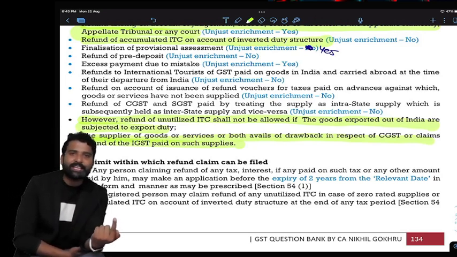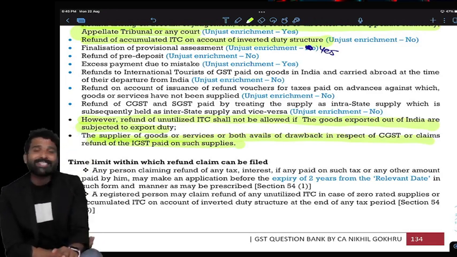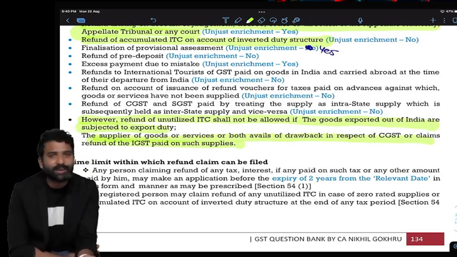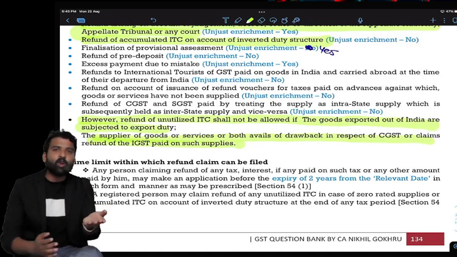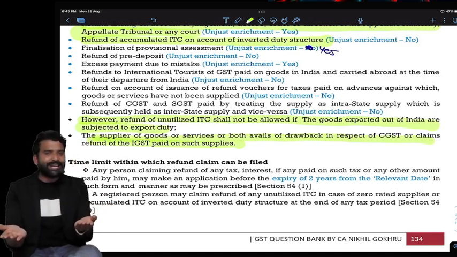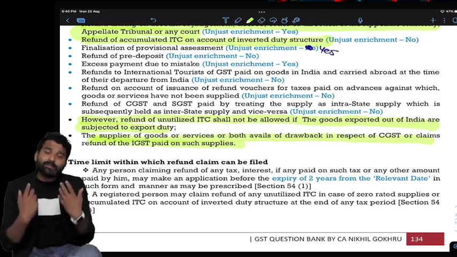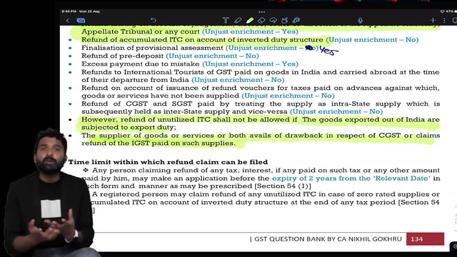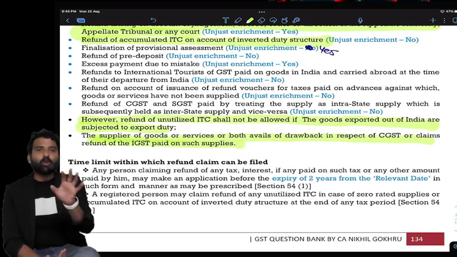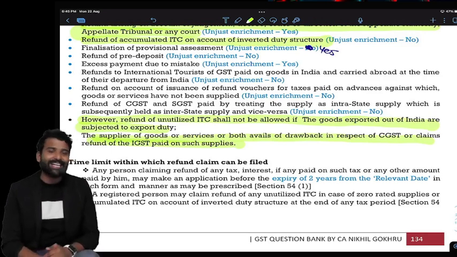Once you are claiming the drawback and once again you are claiming the unutilized balance of ITC, that is wrong. So either drawback or unutilized ITC refund, both are not parallelly allowed. And if the goods are subject to export duty, government does not want to promote such goods, and that's why they will not allow any refund of unutilized ITC in that case.